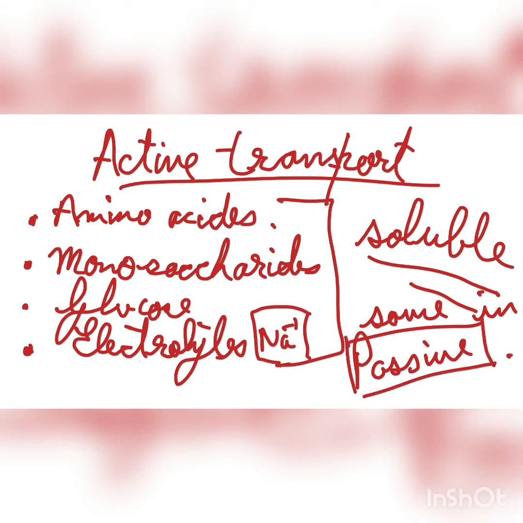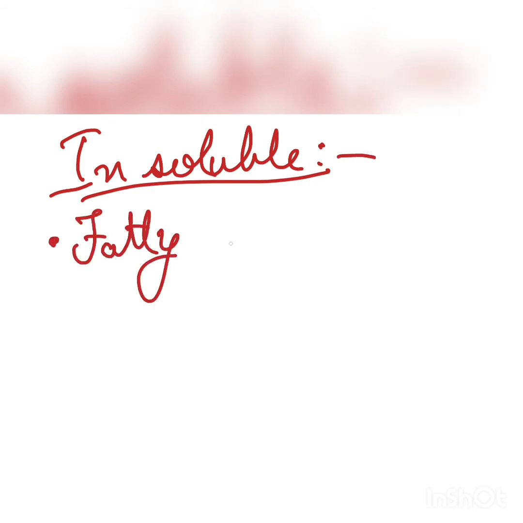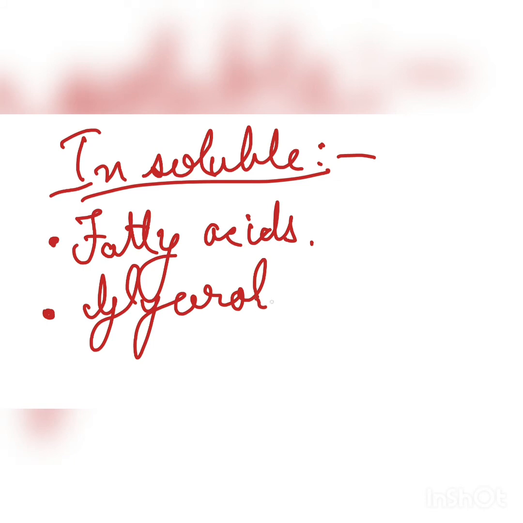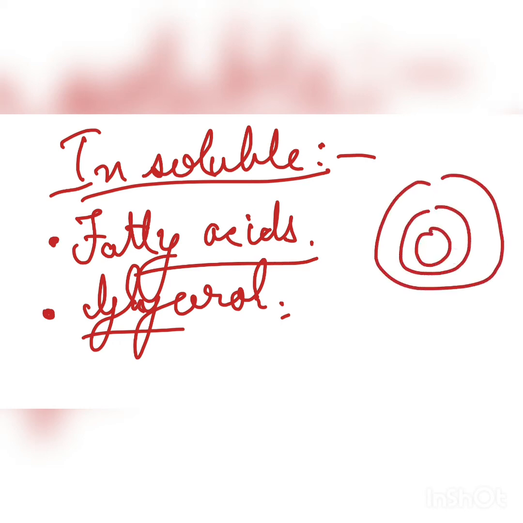Now let's see that. The things which cannot be transported by passive or facilitated mechanism are transported in the form of chylomicrons. Things which are insoluble like fatty acids or glycerol, which do not dissolve in water, cannot be absorbed in the bloodstream, so they are first incorporated into small droplets called micelles, moved into the intestinal mucosa, the innermost layer of the alimentary canal.